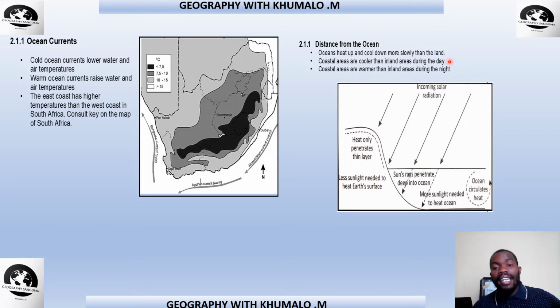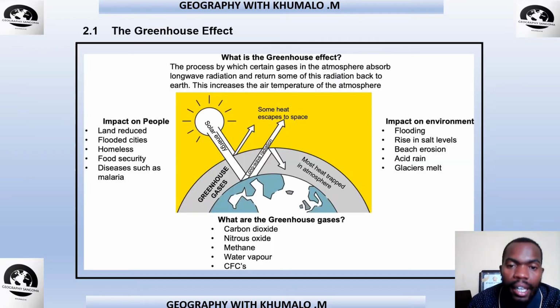So during the day, the coastal areas will be a bit cooler, while the inland is much warmer. But during the night, it is vice versa. The coastal areas become warmer than the inland during the night. That is what the diagram that I've placed there explains to you. It's very important to take note of this because you'll be doing it in grade 11 and 12 as you go up.